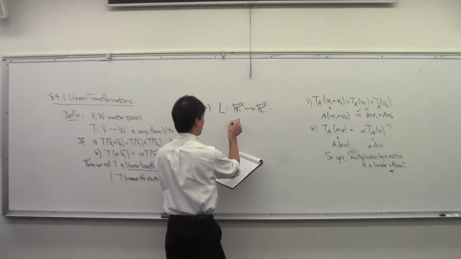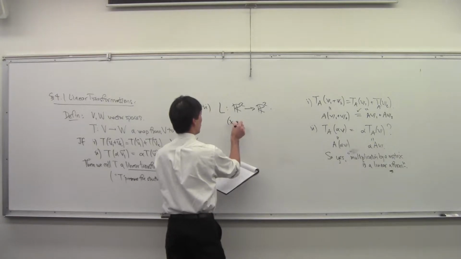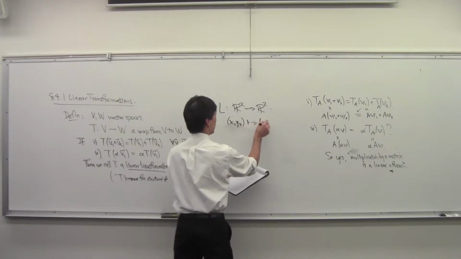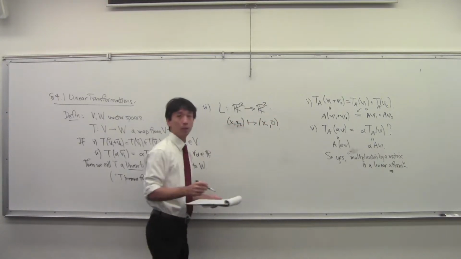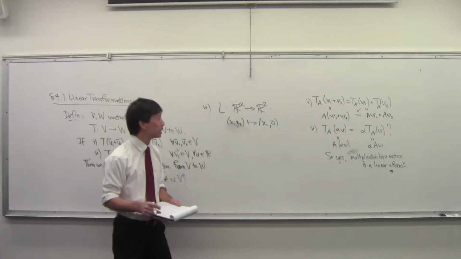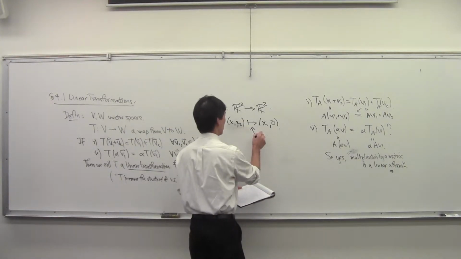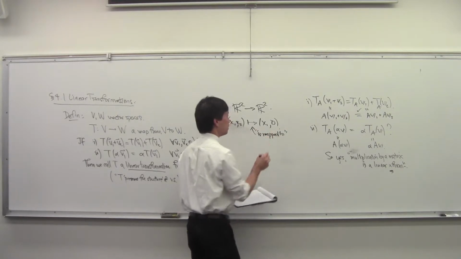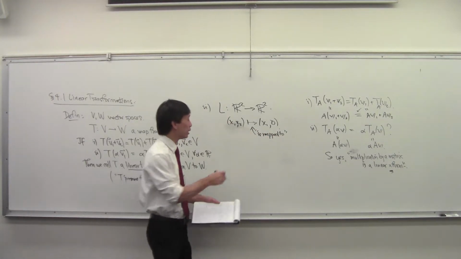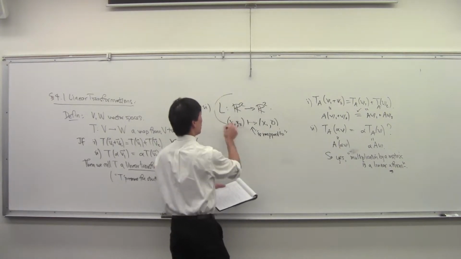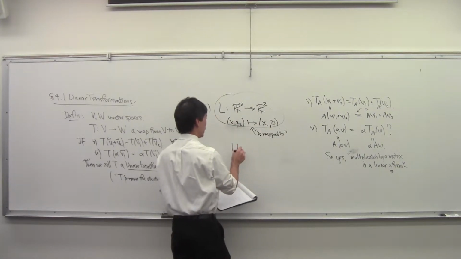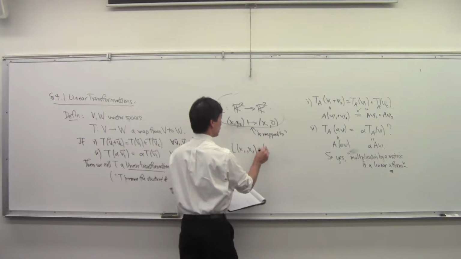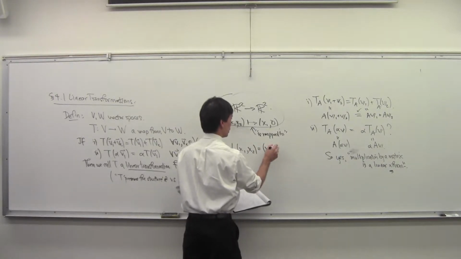Here it is. x1, x2 gets mapped to x1, comma 0. In other words, what I'm saying here is that L of x1, x2 is x1, 0.